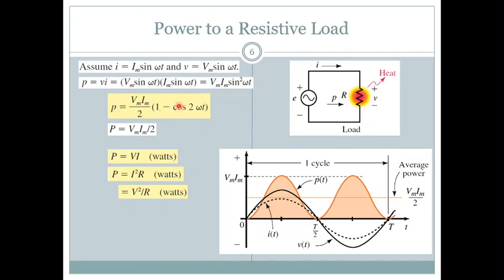And the minimum value is minus 1. In that case it is twice the value of this, so it actually goes to twice of this amount, that is actually VmIm.